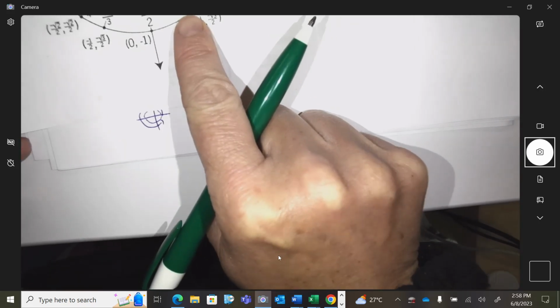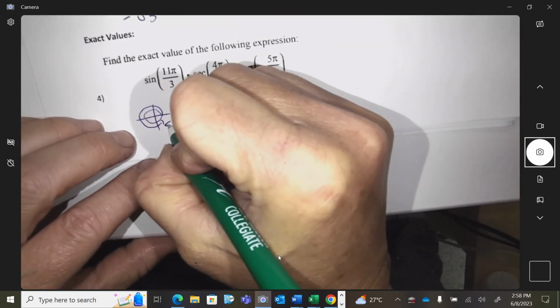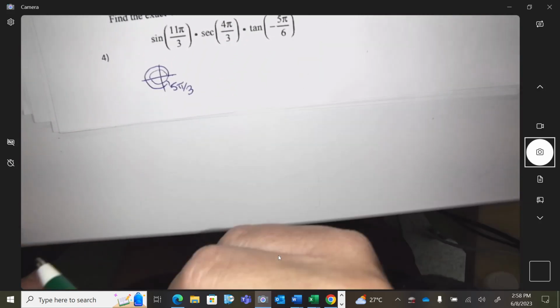You're looking at 5 pi over 3. Okay, that's where you look. And sine. Sine is what letter? What letter is sine? Y over R. Guess what R is on the unit circle? 1.